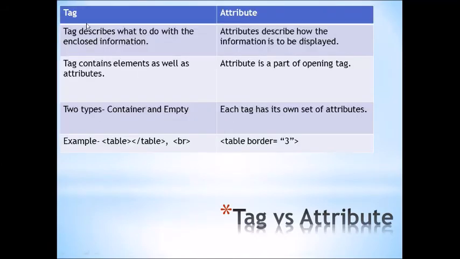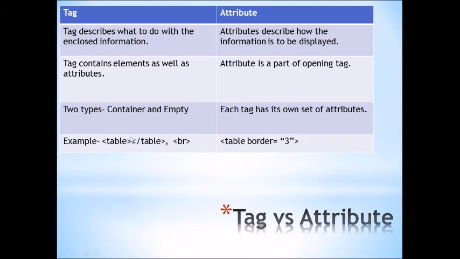Now we'll see tag versus attribute. See here. What is a tag and what is an attribute? A tag describes what to do with the enclosed information. I have taken the example of table tags here. We have this opening table tag and closing table tag, and we write something in between them, no? These are container tags, right?